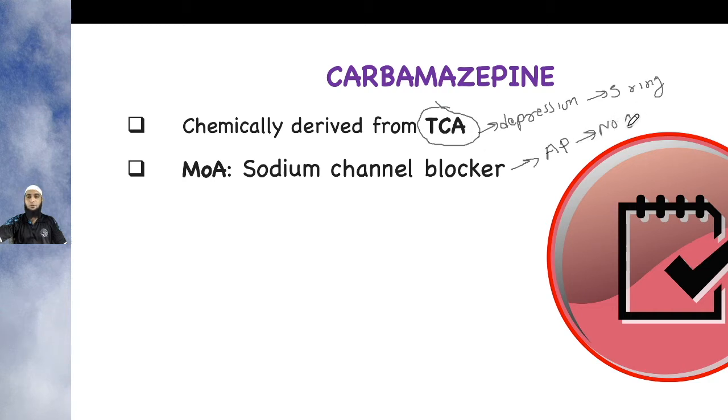As a result, it reduces excitement of the CNS, and we know that convulsion is the result of excitement of the CNS. So it controls the seizure seen in epilepsy.